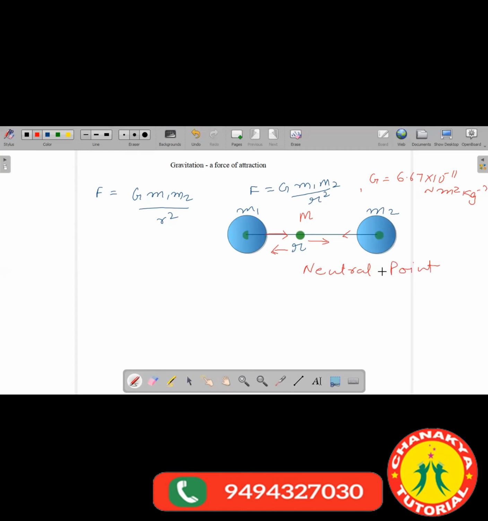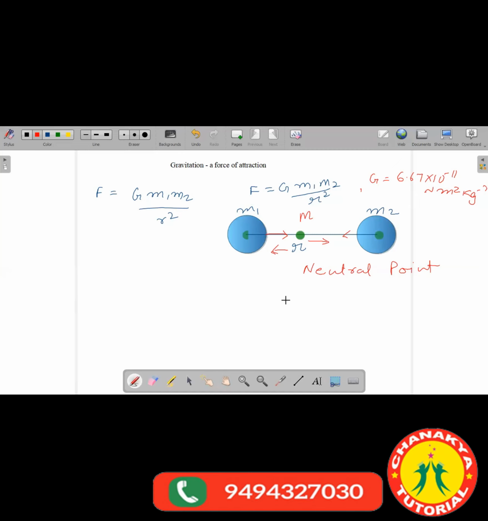Now, what's the use of this neutral point? Suppose you have a satellite being projected from Earth towards the moon. There must be a point between Earth and moon beyond which the gravitational force of the Earth would not be there. Up to a certain point, the gravitational pull of the Earth will be attracting it, and after that, if the satellite reaches beyond it, it will be under the gravitational pull of the moon.